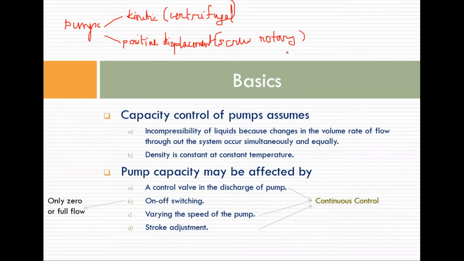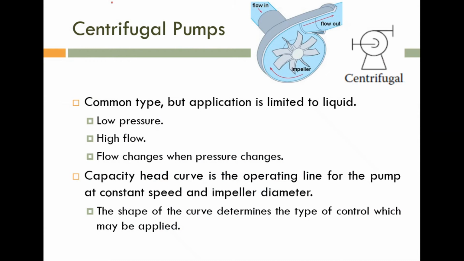So in our discussion, we are discussing the control of pumps. We will discuss 3 different types of pump control widely: control of centrifugal pump, control of rotary pump, and control of reciprocating pump. The first one is the centrifugal pump. This is a common type of pump.